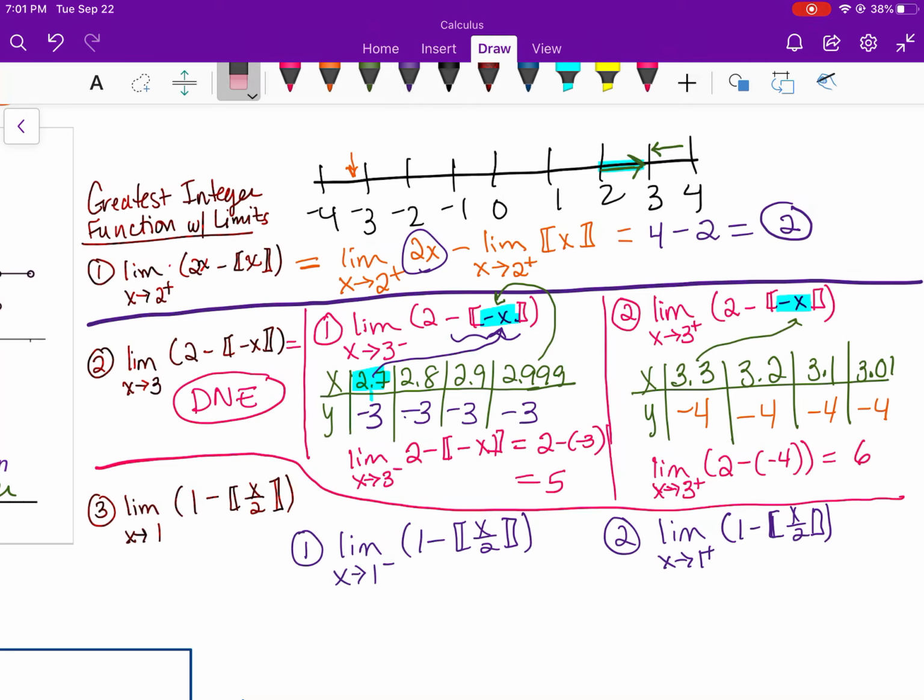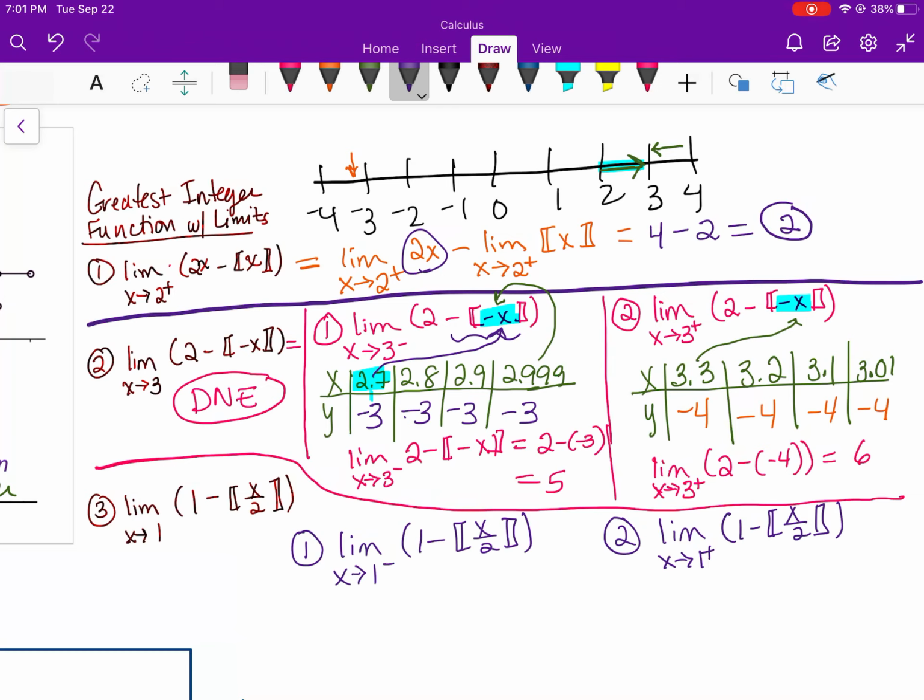That looks a little sloppy. I'm going to fix that real quick. All right, so approaching 1 from the left, and then dividing by 2. So what do you think that's going to be?